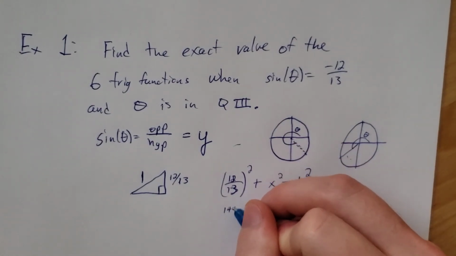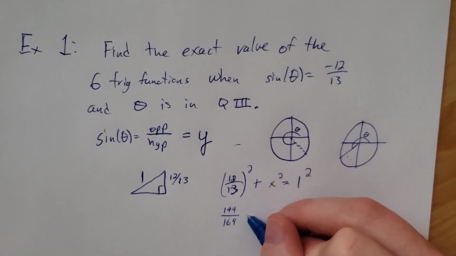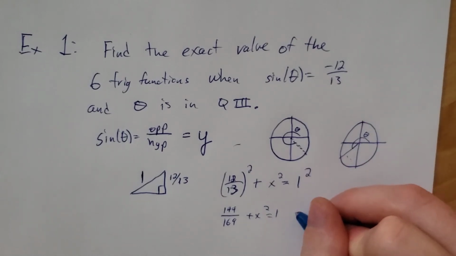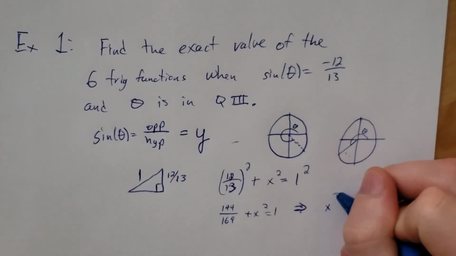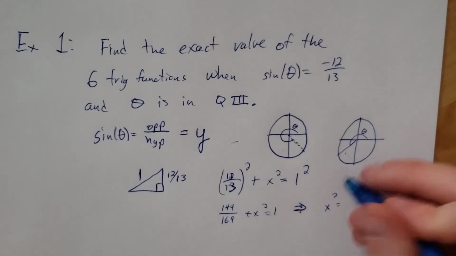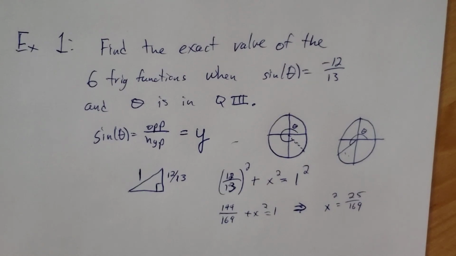12/13 squared is 144/169. Plus x squared is equal to 1. This tells us that x squared is equal to 1 minus 144/169. That is 25/169.